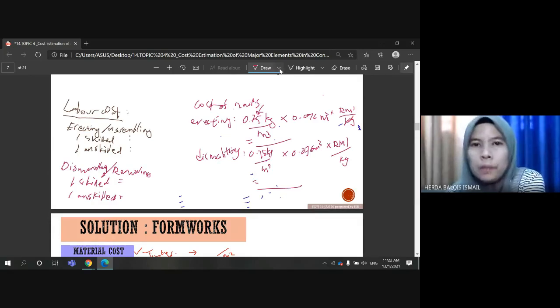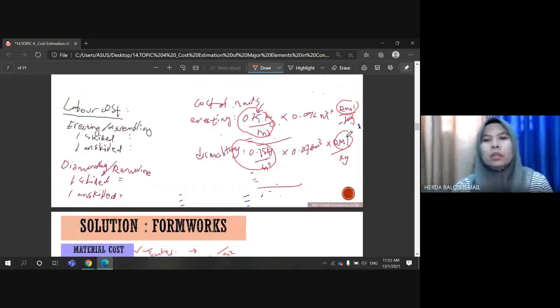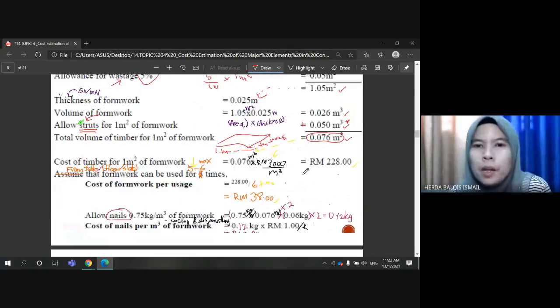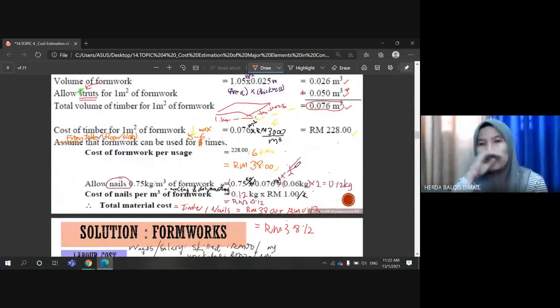Due to the same constant and the same price, you can write like this as well, multiply by 2. But yet you need to know what it represents: the first represents erecting or assembling the formwork, and the other represents removing or dismantling.